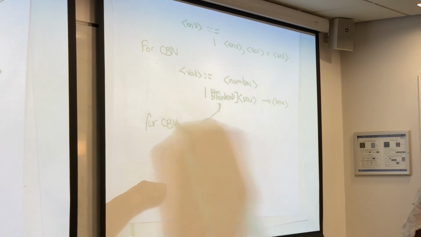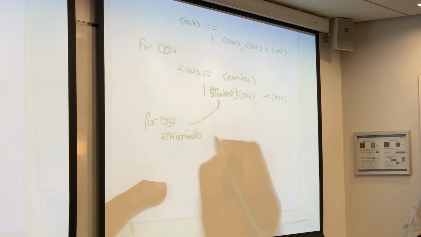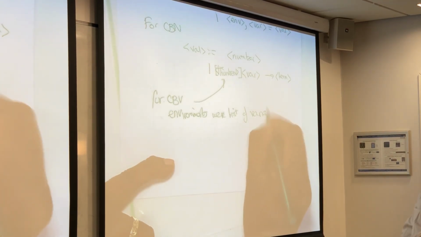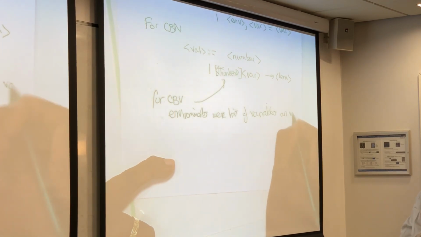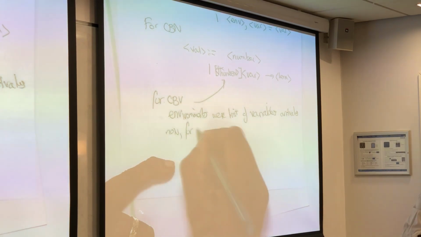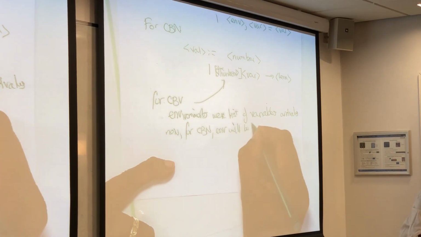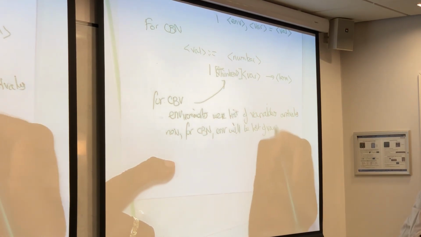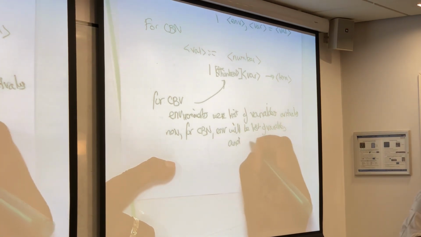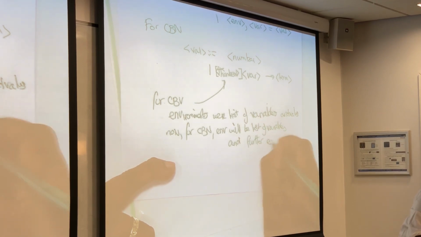For call by value, environments were lists of variables and values, but now for call by name, environments will be lists of variables and further things to evaluate, further computations.